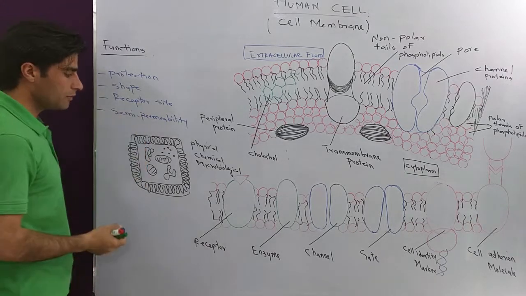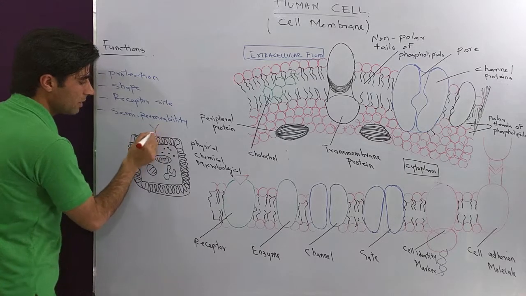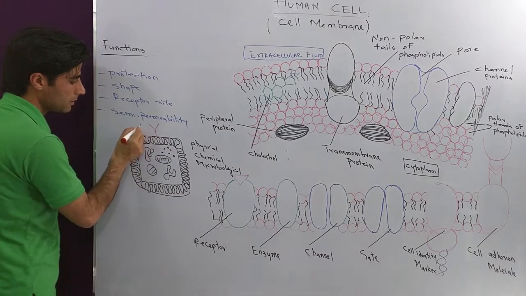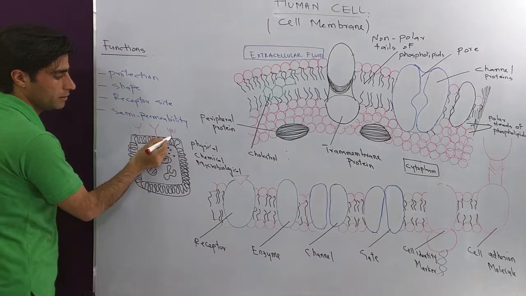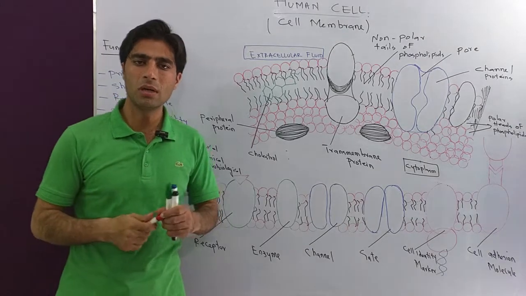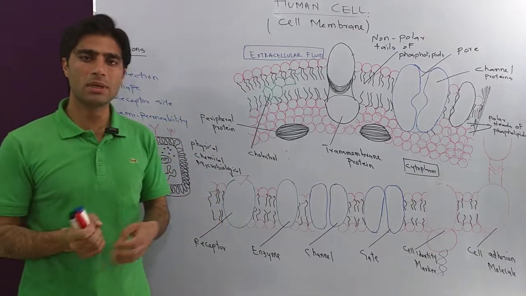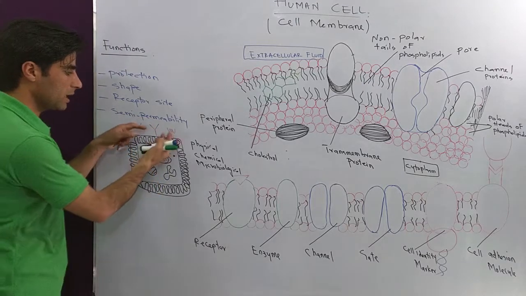Then comes the site for receptors. Upon this cell membrane there are different receptors, for example receptor number 1, 2, 3. A receptor is any structure, most of the time protein in nature, which accepts a ligand, or which accepts any other chemical substance to get attached with it.